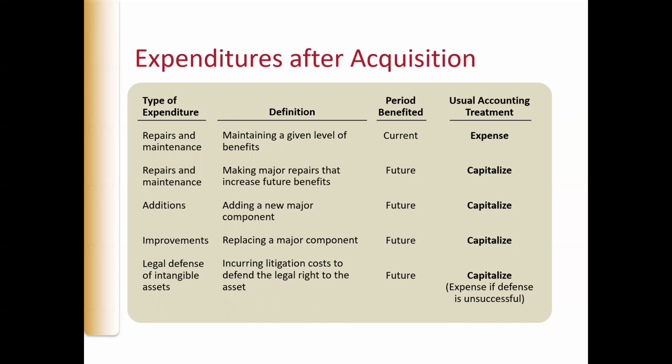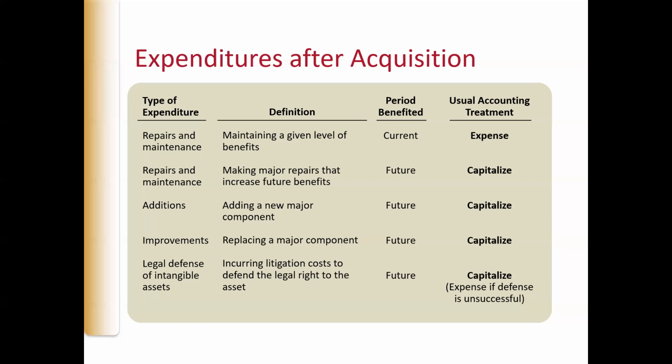And it's going to benefit not just this current period, but future periods. If that's the case, we'll capitalize it. We'll treat it as an asset. If we add a new component that's going to benefit future periods, we'll also capitalize it. If we replace a major component that's going to benefit future periods, we capitalize it.